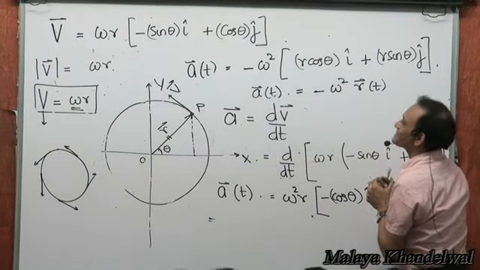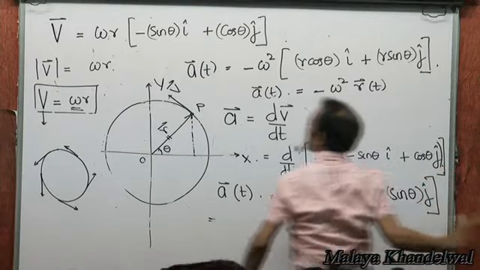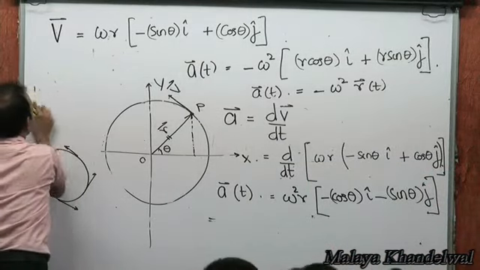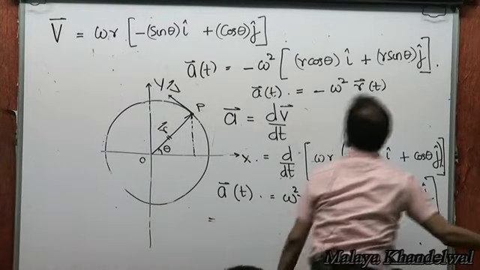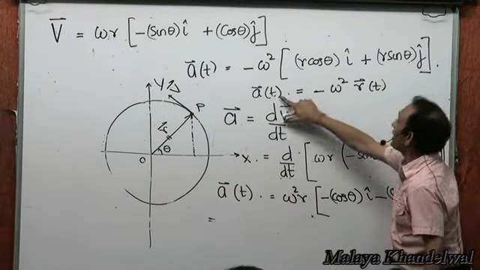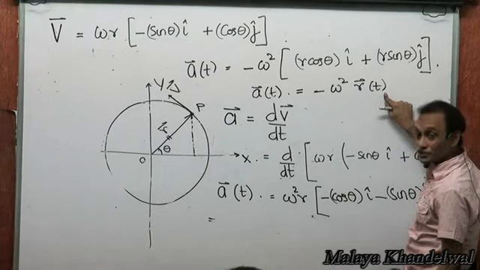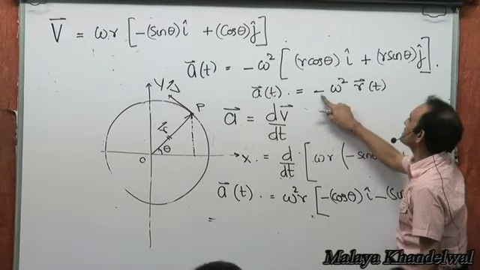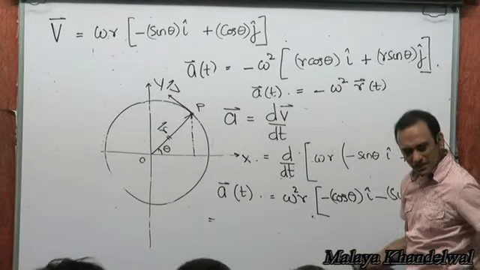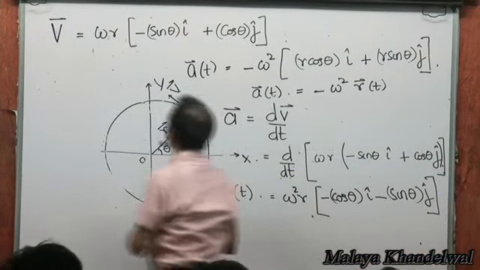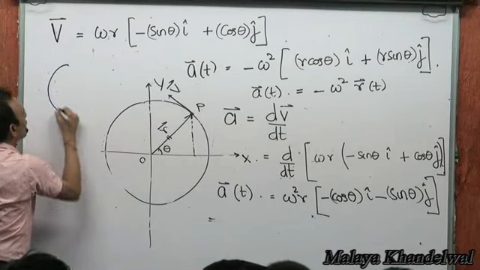Now notice that the direction of A is opposite to the direction of R. This is what it means. If A is minus K times B, then the direction of A and B is opposite, right? So what is the direction of R?